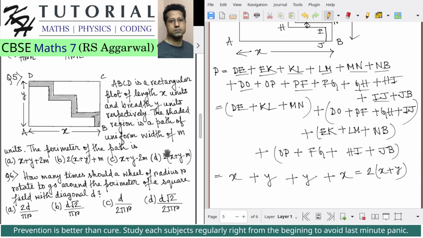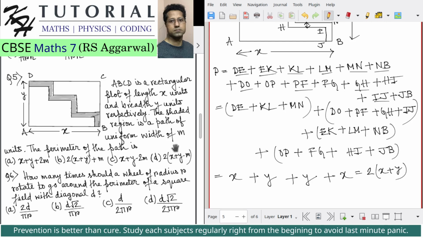We can see that the width of the path was not used in finding the perimeter of the path, so the width was not actually required.